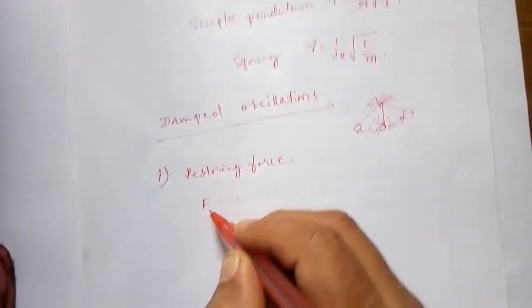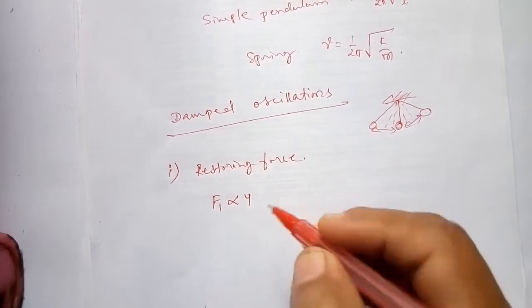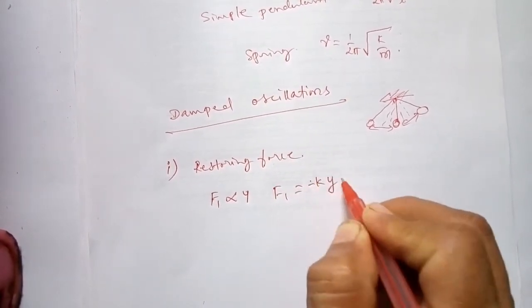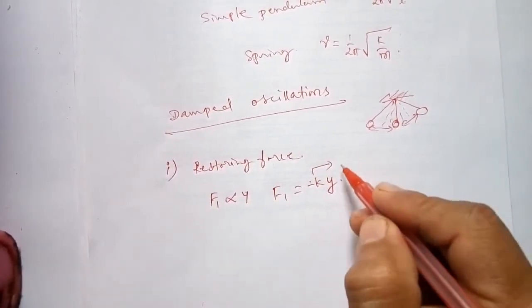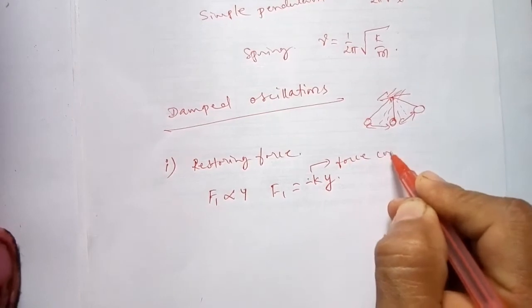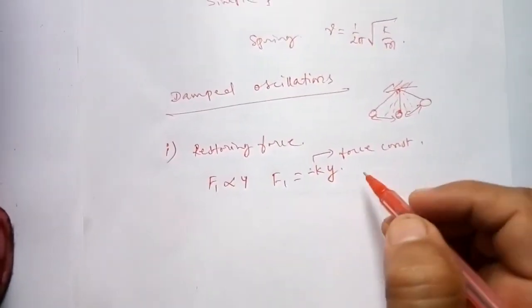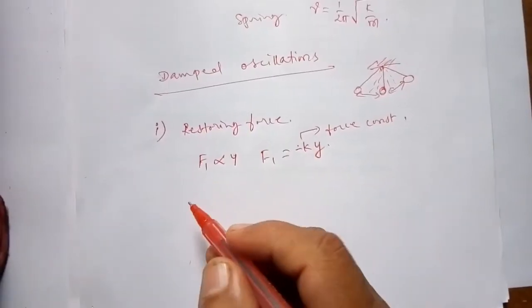Let me call it F1, the restoring force, which is proportional to displacement, or F1 is equal to minus Ky. K is known as the force constant. The negative sign indicates that it is opposite to the displacement.